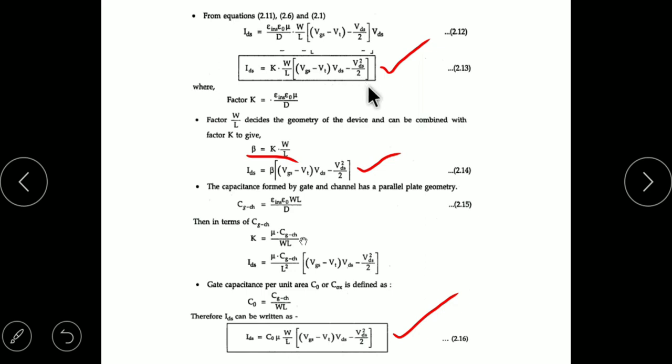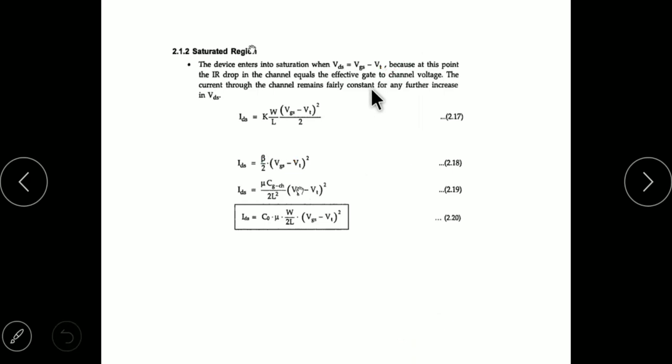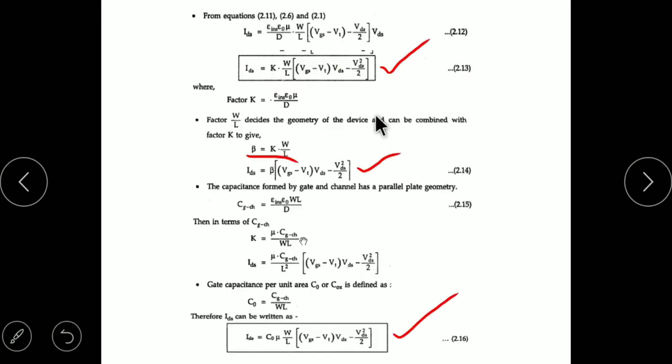If you go for the saturation region, in saturation the condition is VDS is equal to VGS minus VT. So you have to replace VDS with VGS minus VT. If you substitute and simplify, VGS minus VT into VGS minus VT, that is VGS minus VT whole square, minus VDS square by 2, which is nothing but VGS minus VT whole square divided by 2.